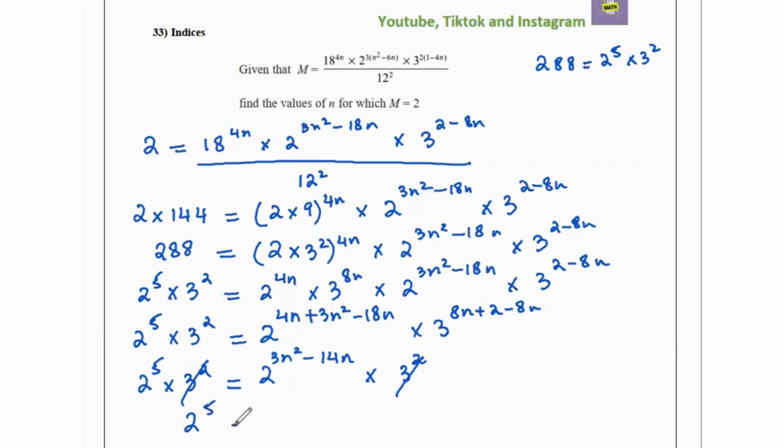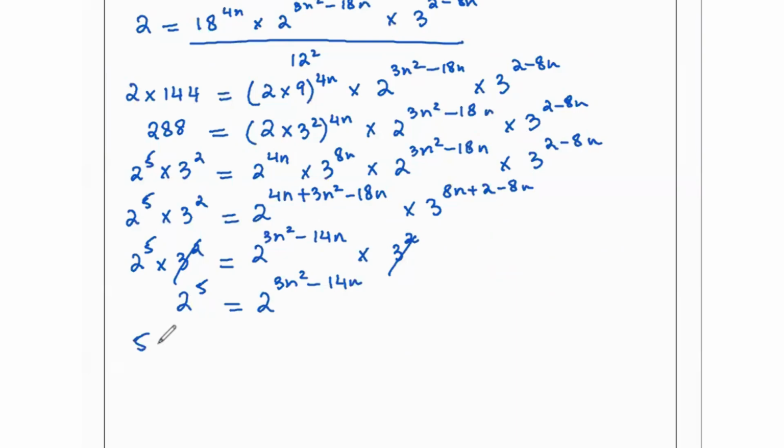So now we have 2 to the power of 5 equals 2 to the power of 3n squared minus 14n. Whenever we have similar bases existing alone on each side, we can put the powers equal to each other. So 5 equals 3n squared minus 14n. 3n squared minus 14n minus 5. Solve the quadratic equation.